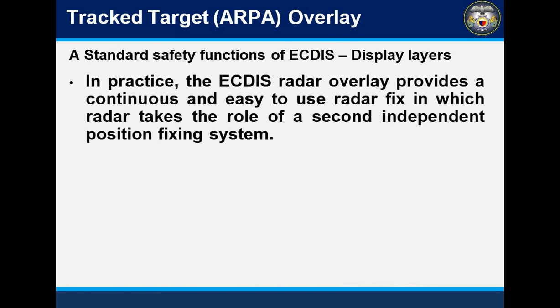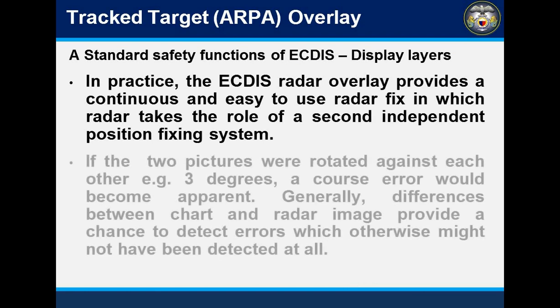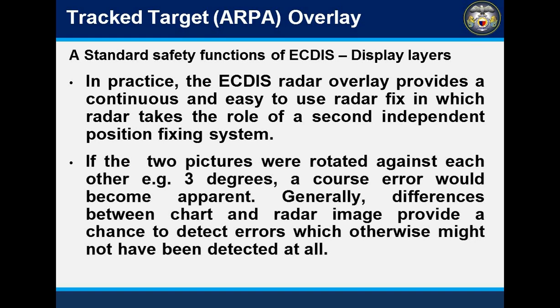In practice, the ECDIS radar overlay provides a continuous and easy-to-use radar fix in which radar takes the role of a second independent position fixing system. So if the two pictures were rotated against each other, such as 3 degrees, a course error will become apparent.